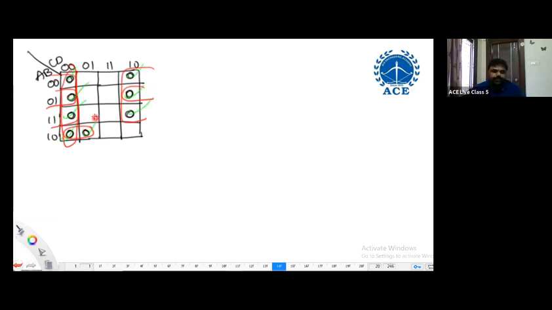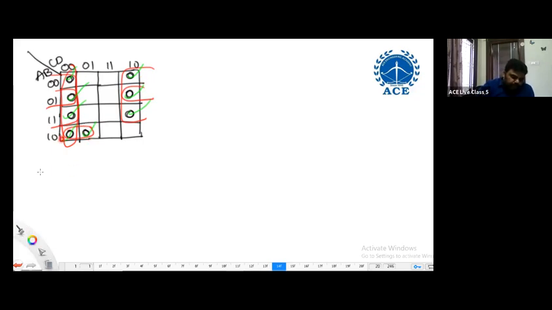And this vertical quad is becoming redundant because it is covering max terms which are covered by essential groupings only. So this one, this one and this one, these three are sufficient to cover all the max terms. Then let me write expressions.